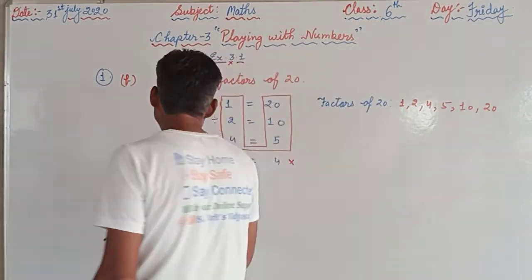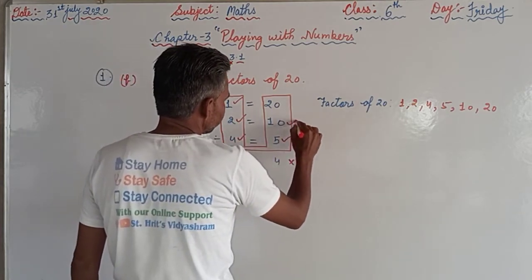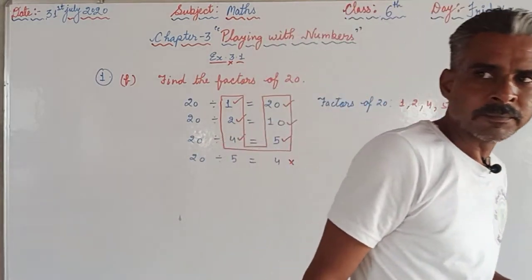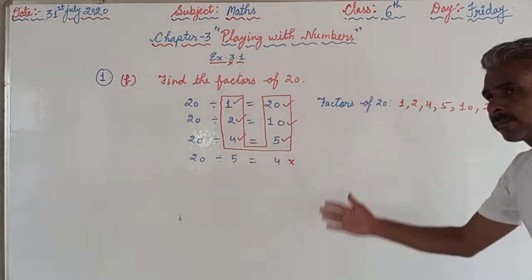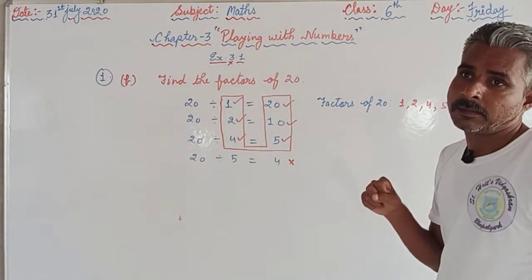From where did these numbers come? 1, 2, 4, 5, 10, 20. This is the proper method. We can note down the factors by dividing only, without any method, but the chance of skipping any number is there.